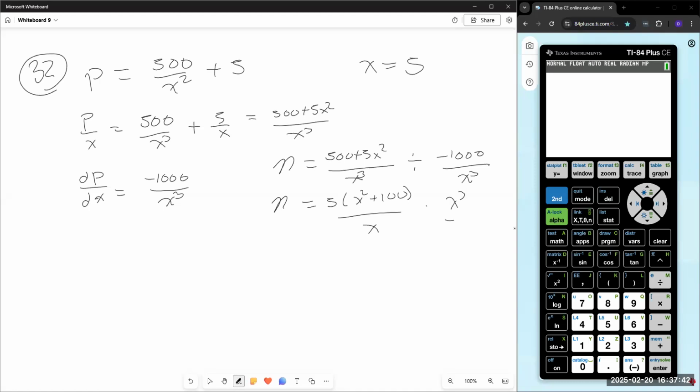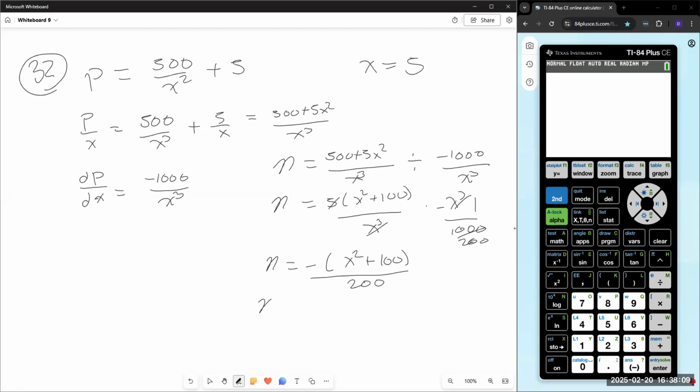So eta is equal to 5 times x squared plus 100 over x cubed times x cubed over negative 1000. 5 goes into 1,000 200 times. X cubed cancels out with x cubed and gives me a 1. So eta is negative x squared plus 100 over 200, like that.